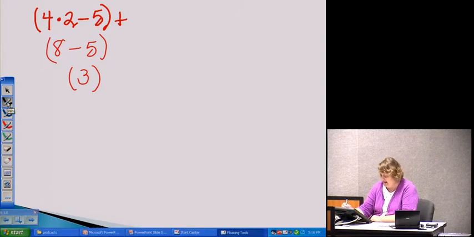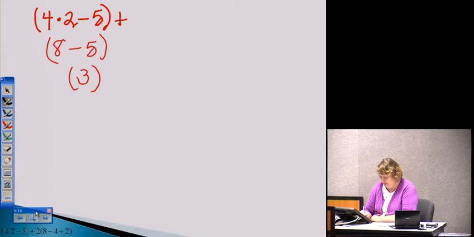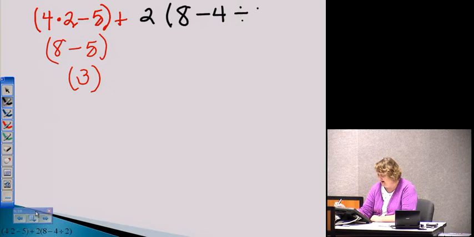Now let's go back and do the other set of parentheses, which was 2 times the parentheses 8 minus 4 divided by 2.